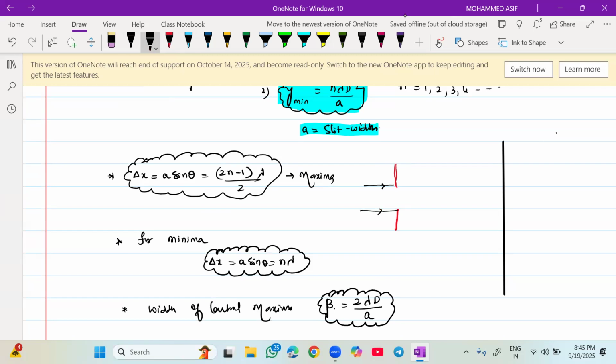The moment the light is incident, it will get bent. So here will be the ray and here will be the ray. That means at the center we are getting maxima, then followed by minima, then maxima, then minima, then maxima, then minima. Slowly the intensity decreases. Here also the same thing. This is minima, then it will be this one. So like this will be the given condition.